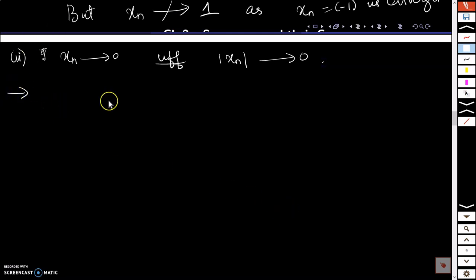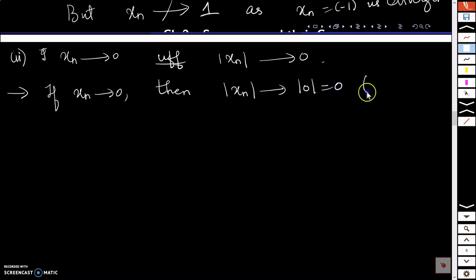So in property 1 we have already shown the first half. So if xn converges to 0, then mod xn will converge to mod of 0, which is equal to 0. This is by the first property which I did just above. Now conversely, the converse was not holding in general.